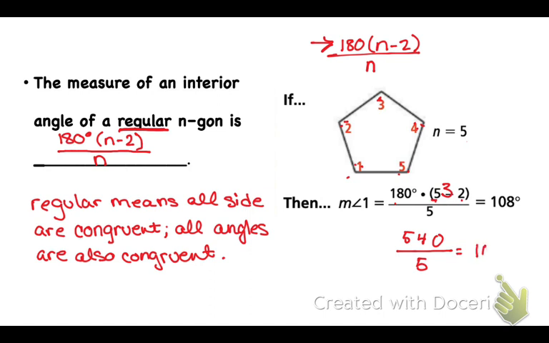So 108. So each one of these angles is how big? 108 degrees. Now, if it does not say regular, can you use this? No. What does regular mean? All sides and angles are congruent.